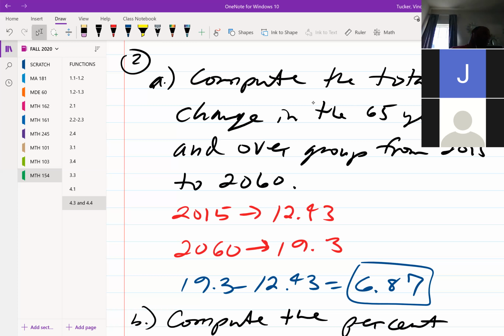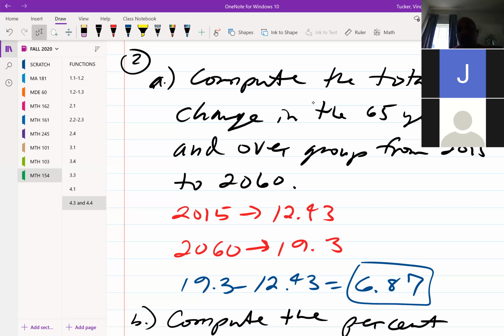Let me go to the backstory. This shows the projected population of a certain demographic. The demographic they're asking us about is the 65 years and over group.